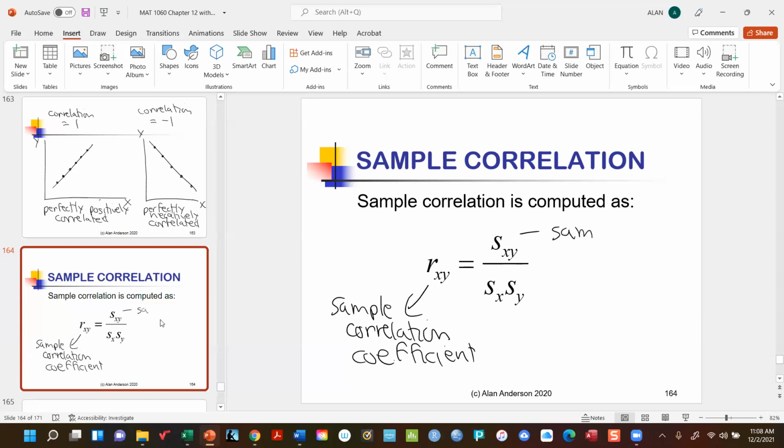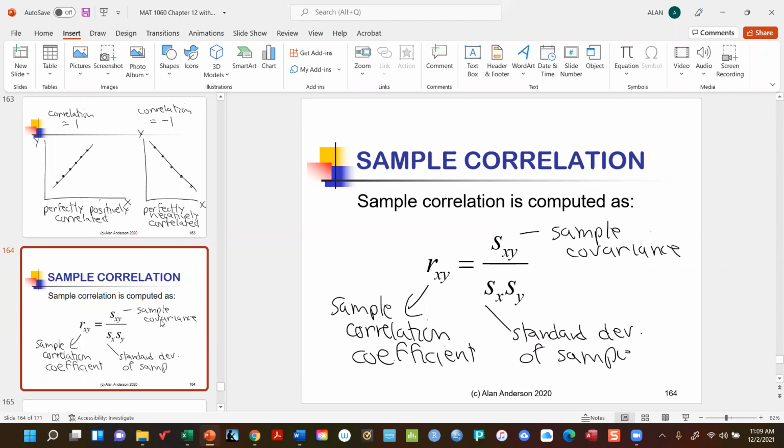This is the sample covariance. This is the standard deviation of sample X. And this is the standard deviation of sample Y. So you can see it's a bit of a mess.